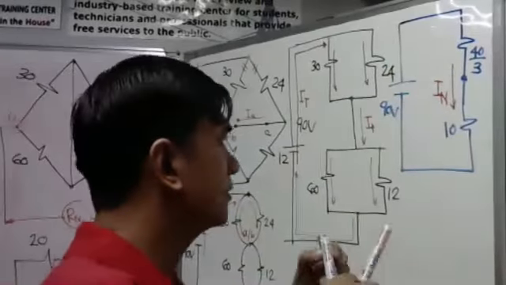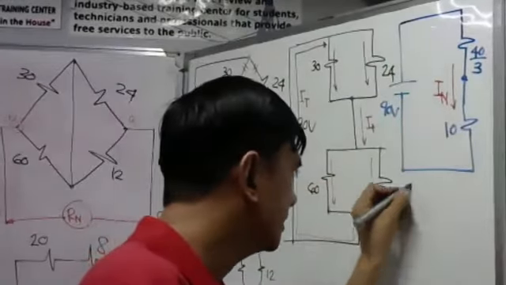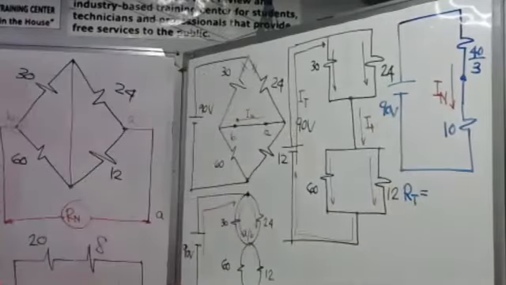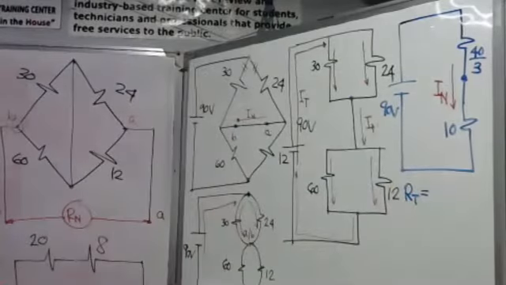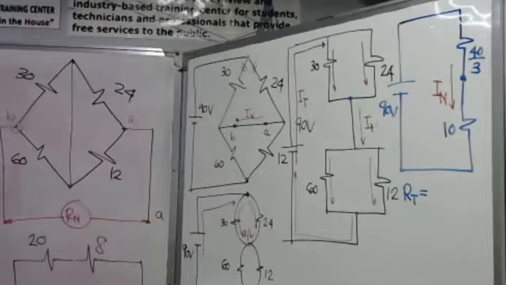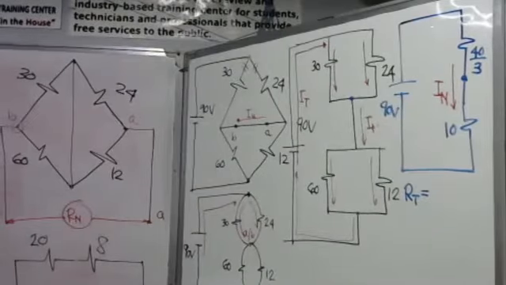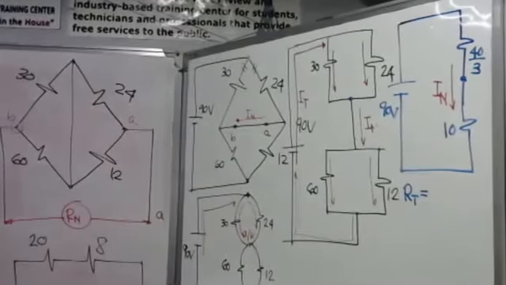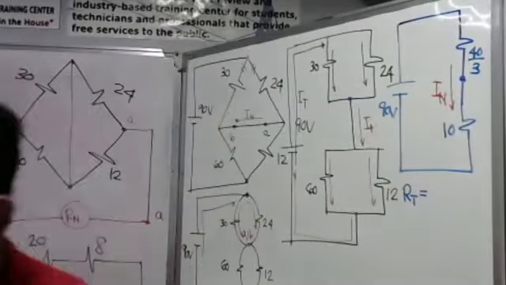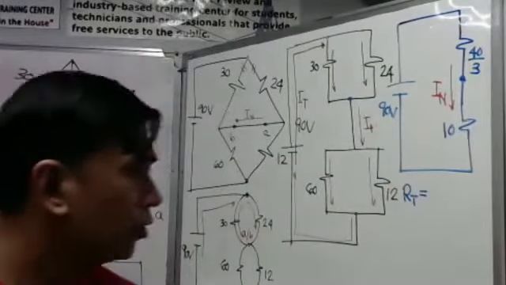Let us have first our total resistance here. Okay, I will just add. So we have 10 plus 40 over 3. That is equal to 70 over 3. This is 70 over 3.